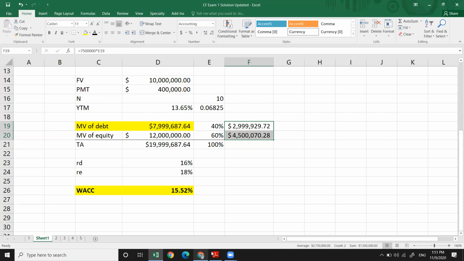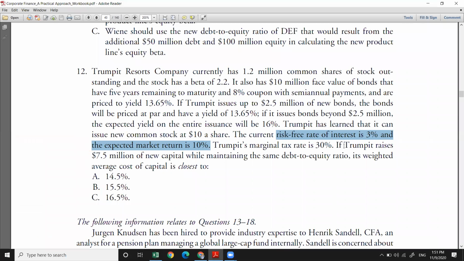The question said Trumpet would like to raise 7.5 million of capital. They need this money. You can do it through debt or equity, or both. If you do both, you should maintain the capital structure at the same level, 40 to 60, which means how much debt and how much equity you need to raise.